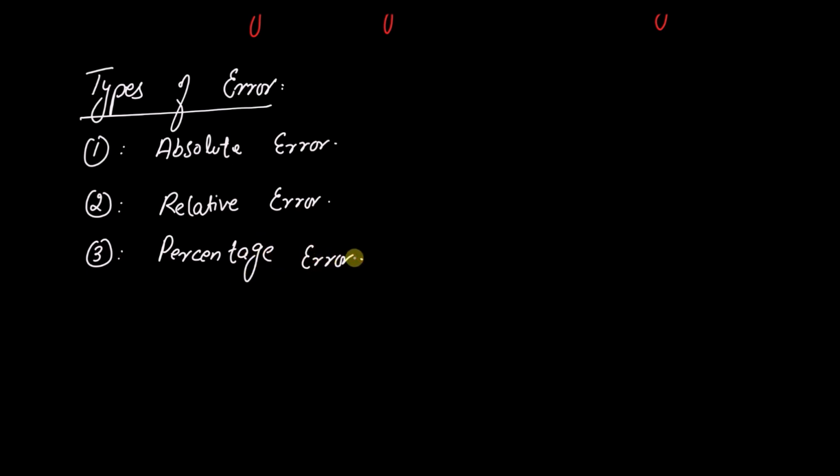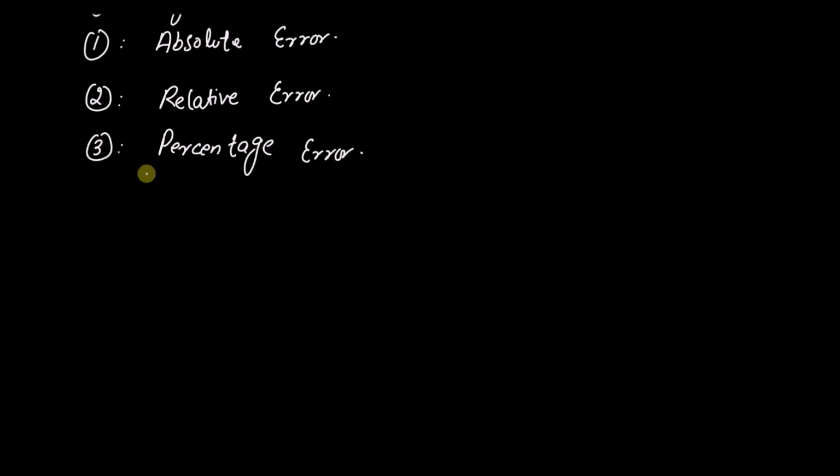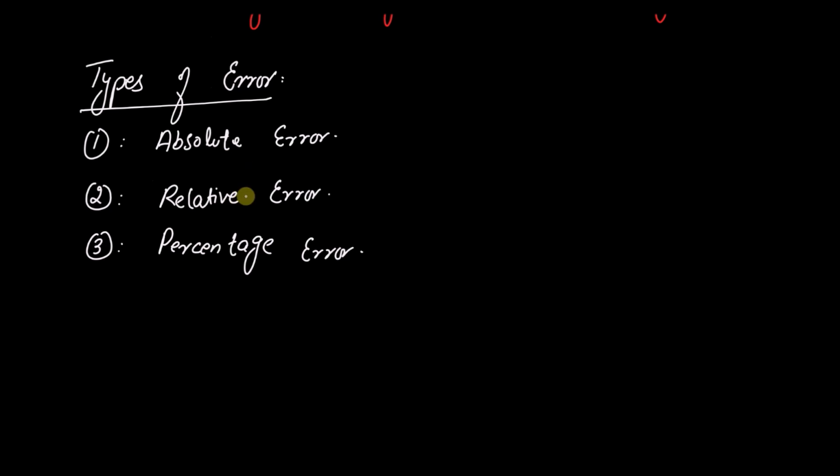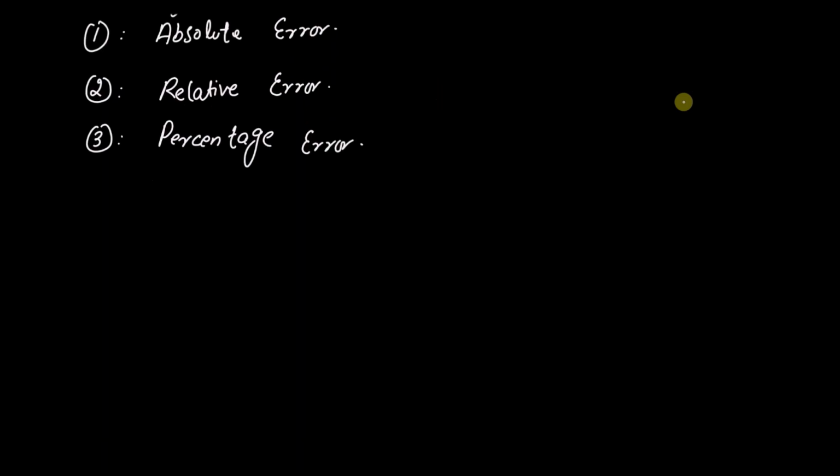Now we are going to discuss one by one what absolute error, relative error and percentage error are, and how we are going to calculate them. Firstly, we look at these three types when the actual value is known or given.